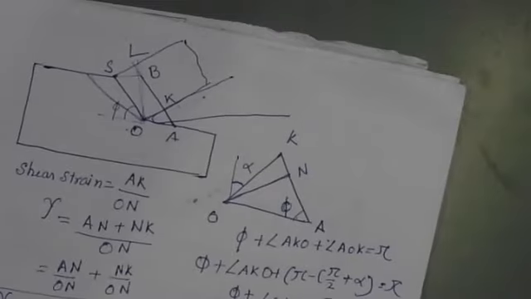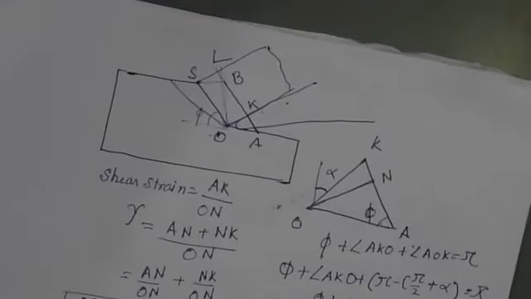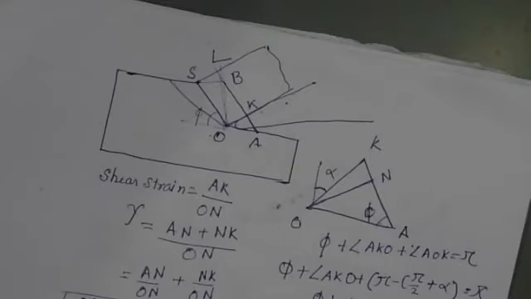Now controlling this shear strain is a bit tough, but gamma and phi both are very, very tough to control. The only thing which you can control is alpha, the rake angle.